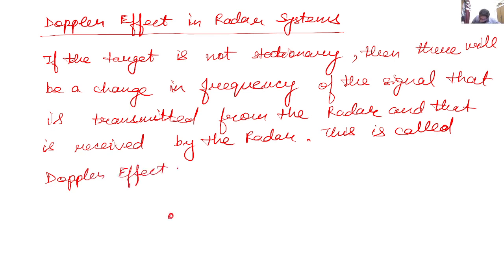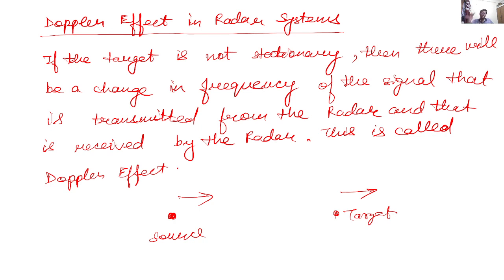So basically there may be a source, there may be a target. If any one of them is moving, if any one of them is not stationary, then there will be a change in frequency thanks to the Doppler effect. And in general, active remote sensing microwave systems are either on spacecraft or on aircraft, so they are actually moving.